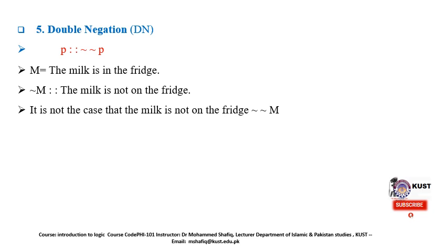Now the double negation would express this as, it is not the case that the milk is not in the fridge. That is double negation M. Now double negation M is logically equivalent to M, and both have the same truth value.